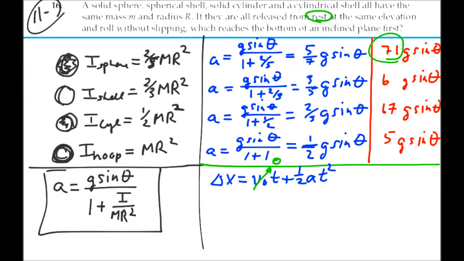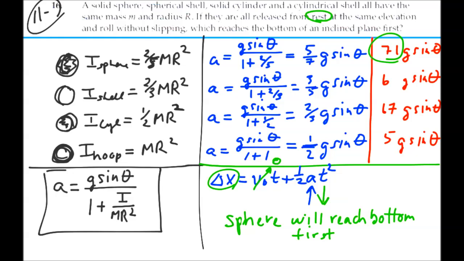In other words, as the acceleration goes up, the time will go down, given that they all are going to have the same displacement. So that means that the sphere will win the race. So that's our answer. The sphere will reach the bottom first.